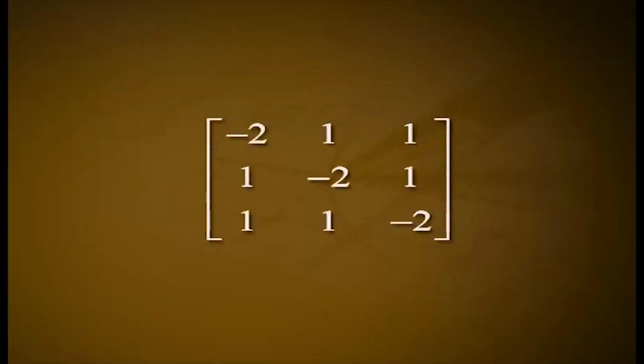Case 2. For λ = −2, the matrix is [−2 1 1; 1 −2 1; 1 1 −2].